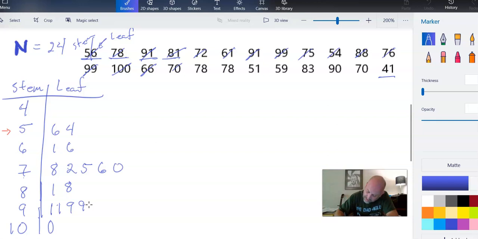We'll write the 0 there. 78. 78. 51. 59. 83. 90. 70. And the last one is 41.